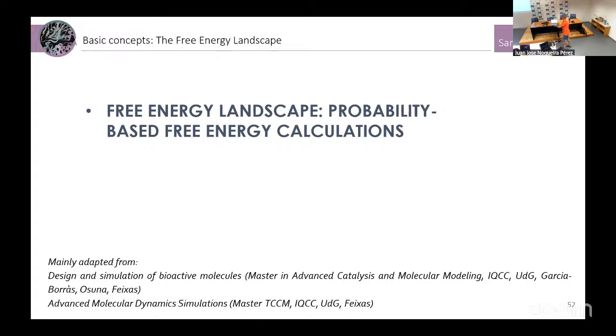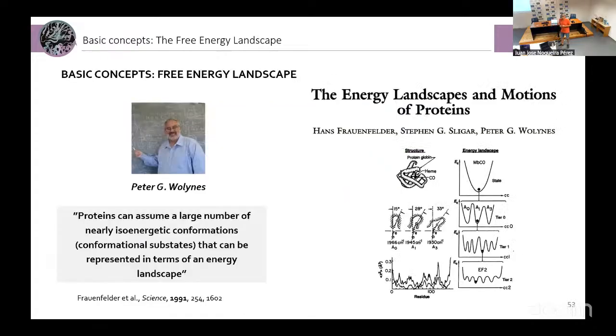So first, let me introduce what we call the free energy landscape. The idea comes from something that Hans Frauenfelder introduced in the 80s and 90s, which assumes that proteins can assume a large number of nearly isoenergetic conformations, what we call conformational substates, that can be represented in terms of the energy landscape.